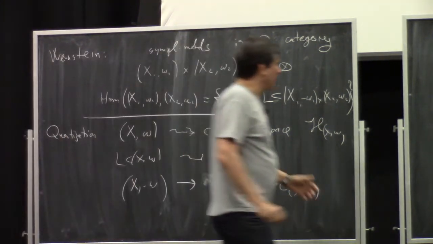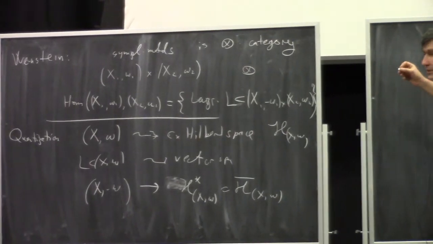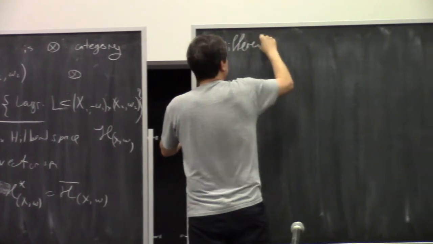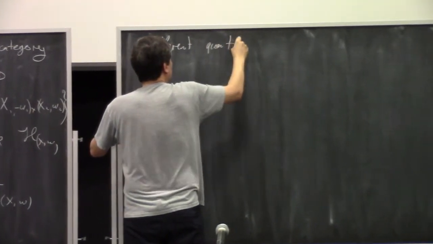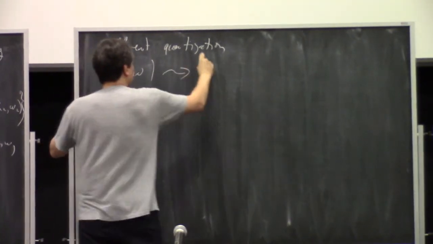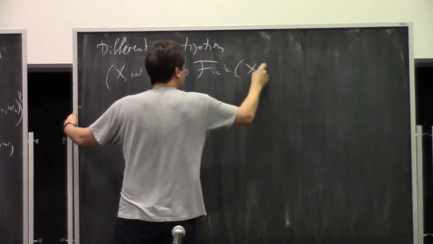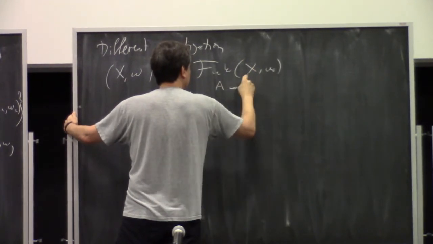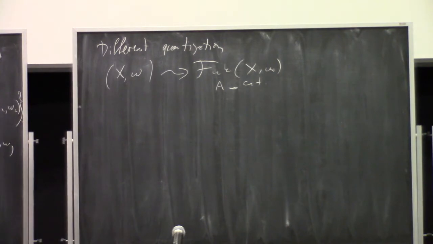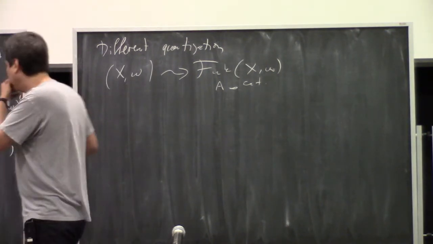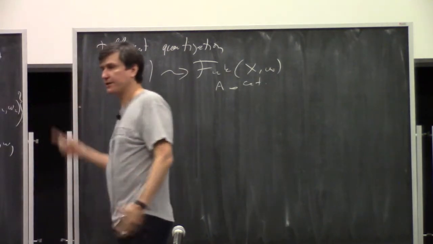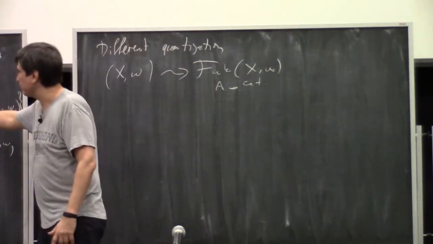Now, these days we have a different quantization. Namely, to a symplectic manifold we can associate its Fukaya category. It's an A infinity category. The tensor product goes to the tensor product of categories. If you go to minus omega, you get the dual, opposite category, and a Lagrangian manifold should give objects.